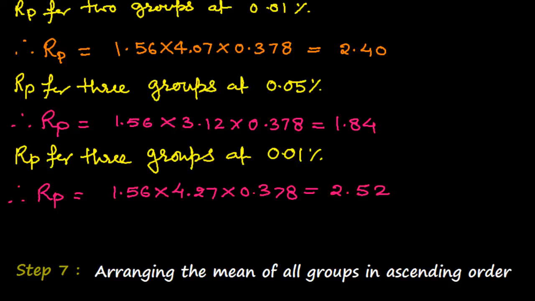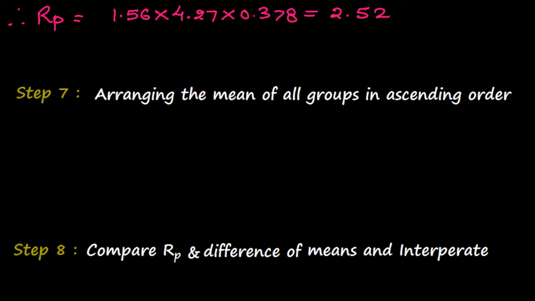Now, arranging the means of all groups in ascending order. As we started the solution of this problem, first of all we found the mean of all the groups. So we have to arrange the means in ascending or descending order. I write down here A, B and C groups.